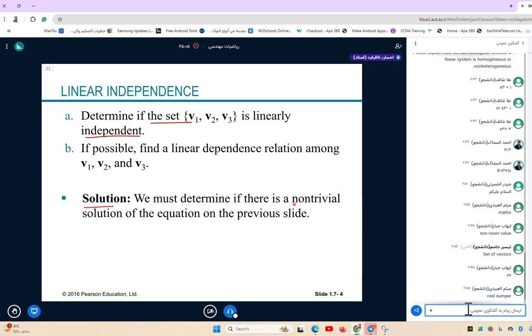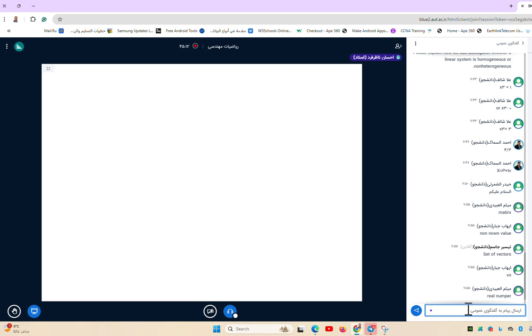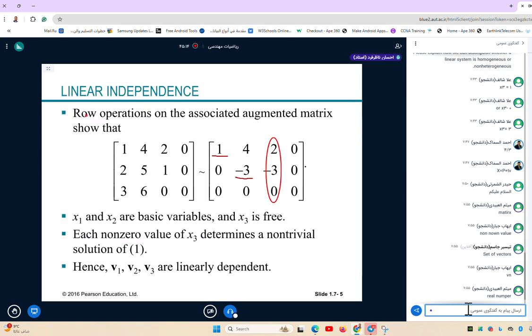We must determine if a non-trivial solution for the equation exists or not. To do that, again, we start with the row operations on the associated augmented matrix.